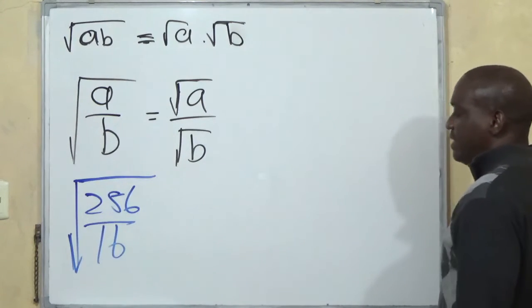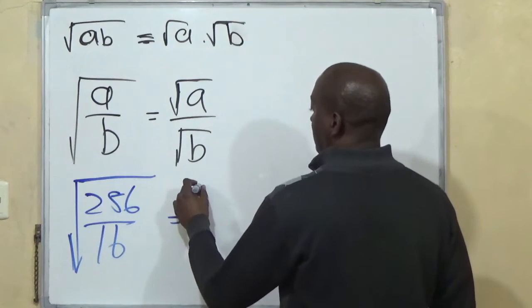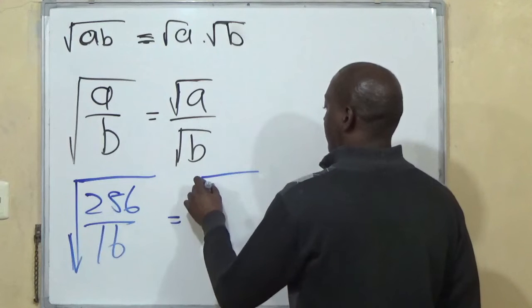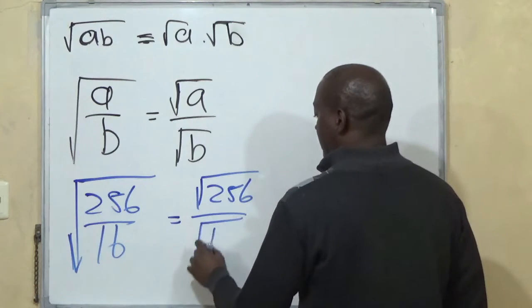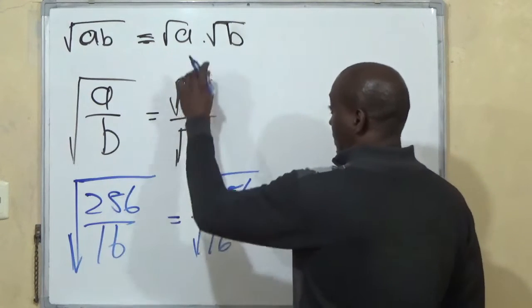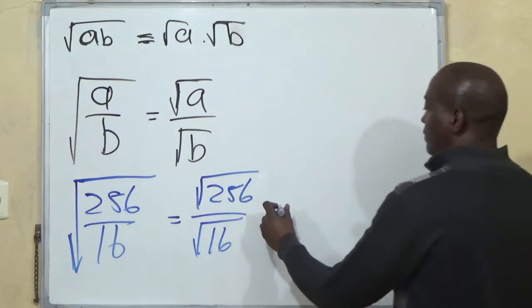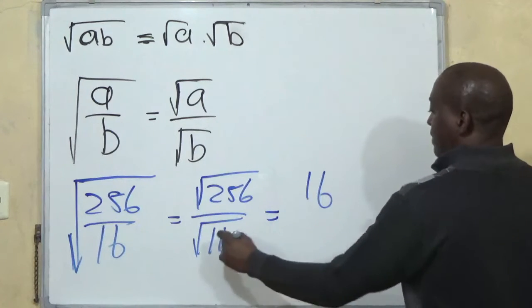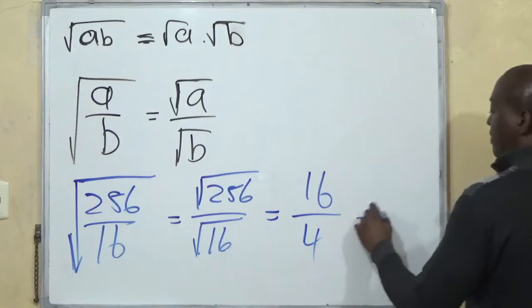The square root of 256 over 16 is the same thing as the square root of 256 over the square root of 16, according to rule number 12. The square root of 256 is 16, and the square root of 16 is 4. 16 divided by 4 is 4.